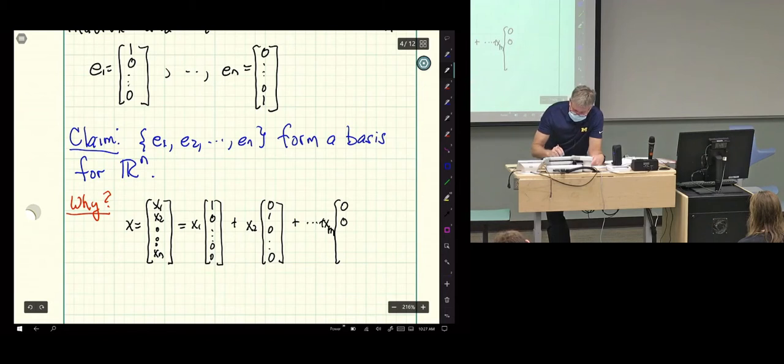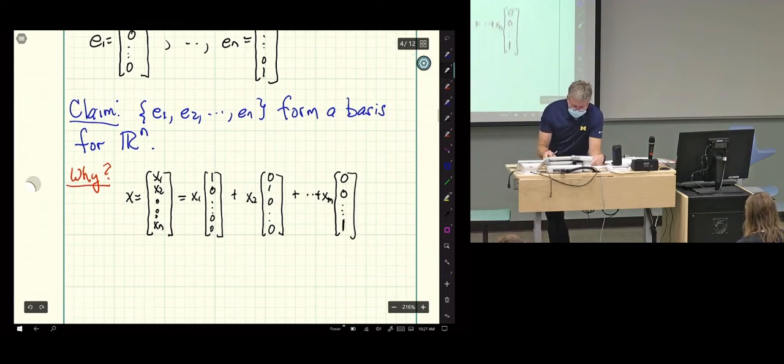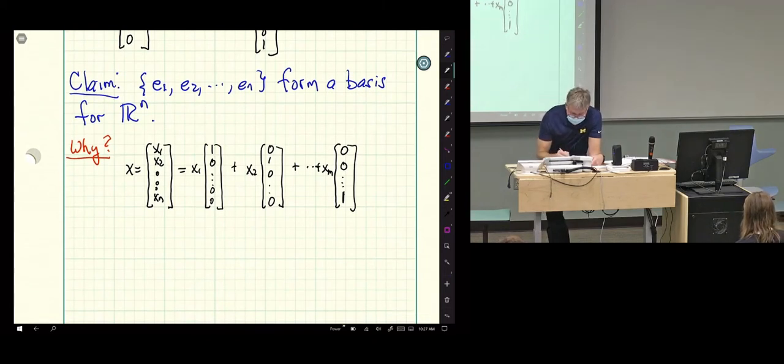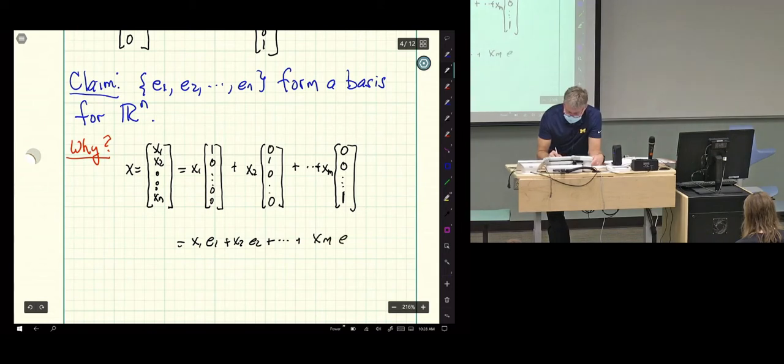Then I got rid of the plus sign. There's a 1 down here. Okay, so that's x1 e1 plus x2 e2 dot dot dot xm em.